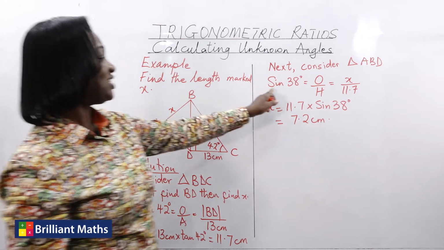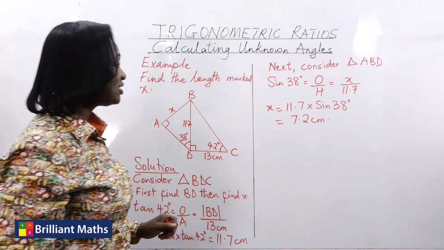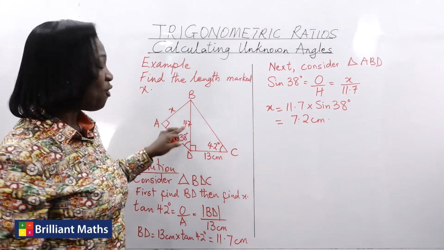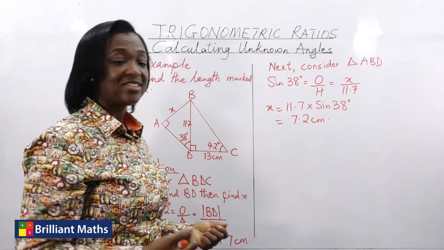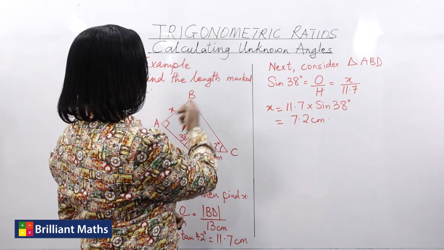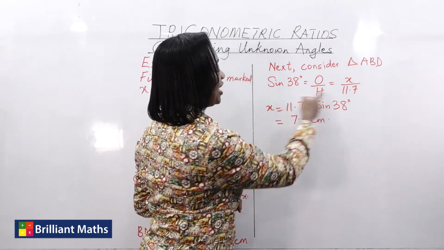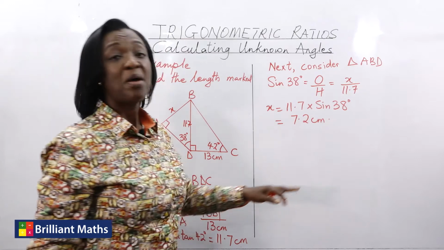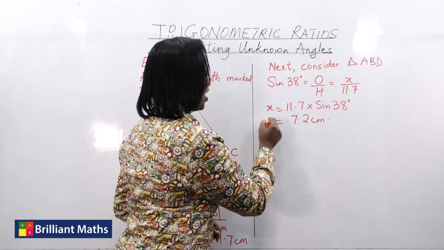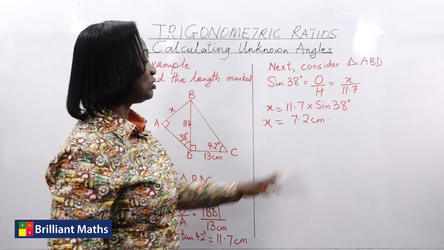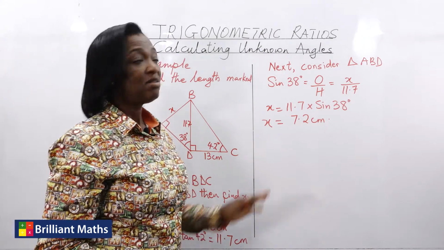So sine 38 degrees is equal to x over 11.7. So to find x, the length of AB, we multiply 11.7 centimeters by sine 38 degrees, and we find that x is equal to 7.2 centimeters.